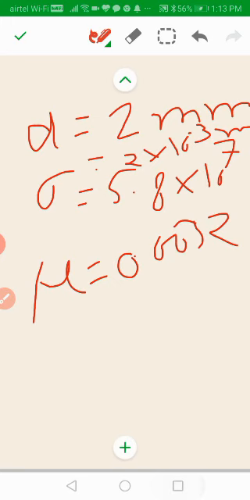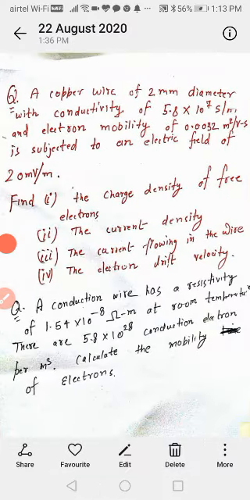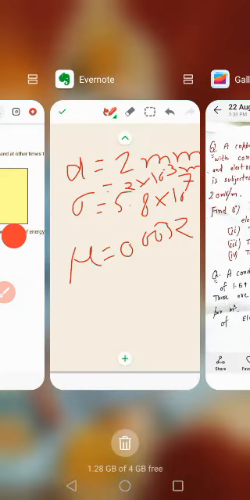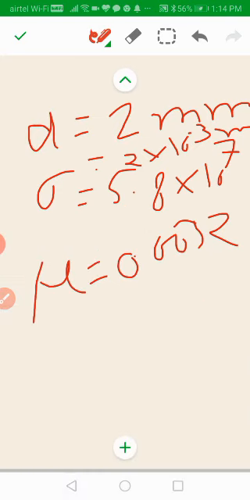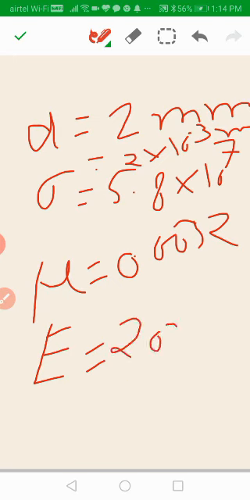Okay, and next what is given? The wire is subjected to an electric field of 20 millivolts per meter. The applied electric field E is 20 millivolts per meter.